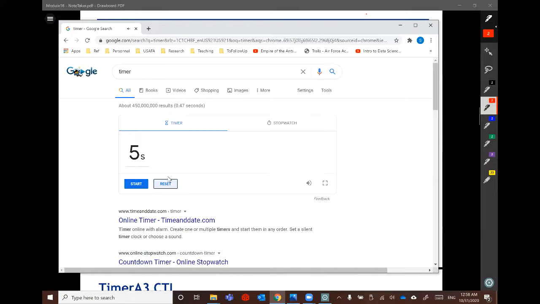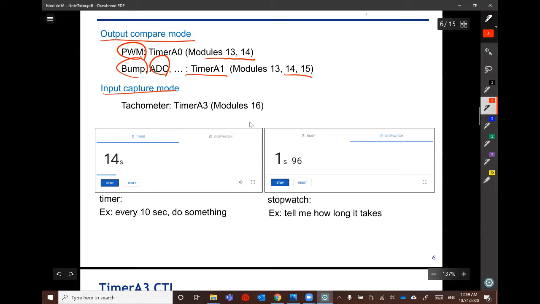So every 5 seconds, we're gonna do something, for example, use a task. In the stopwatch mode, you start, and then it just runs until you hit stop, and then it tells us the time elapsed, right? So let's go back to the slide.